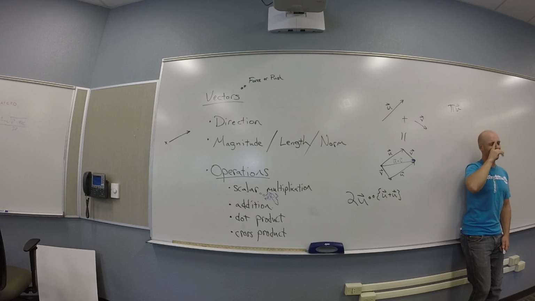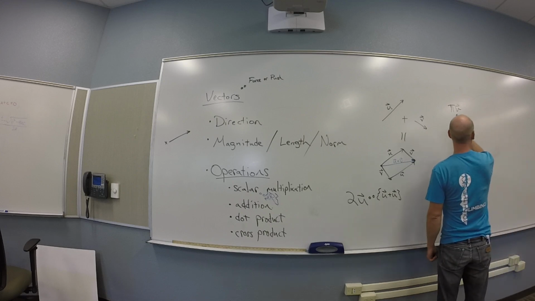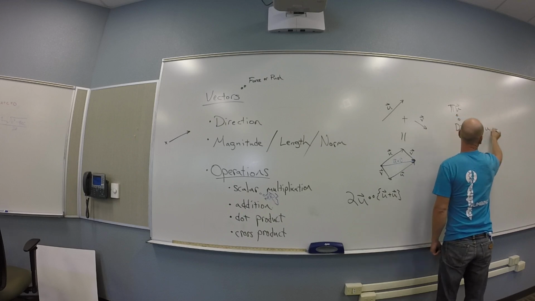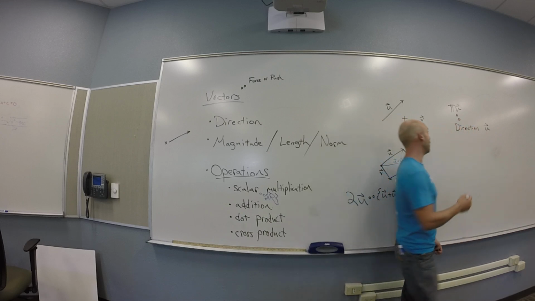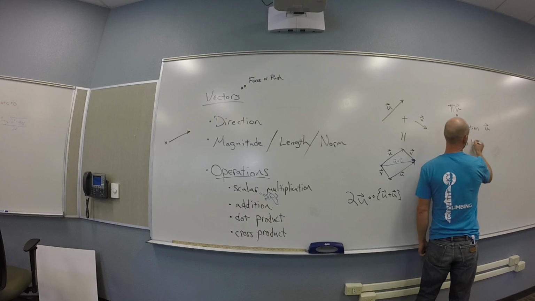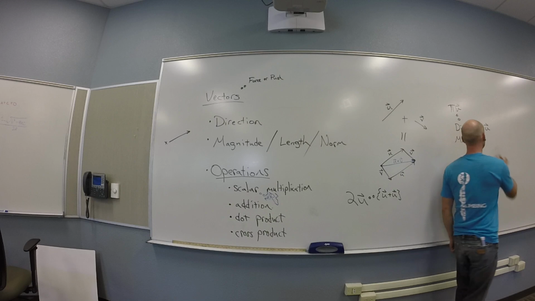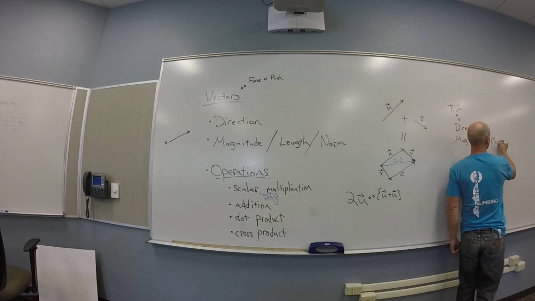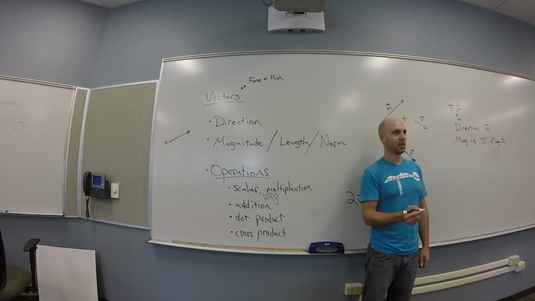Things should just be magnitudes and directions. The direction doesn't change; it should be along u. But the magnitude is what? Pi times the magnitude of u. You guys all see that?